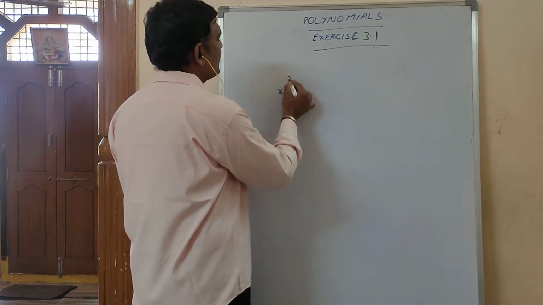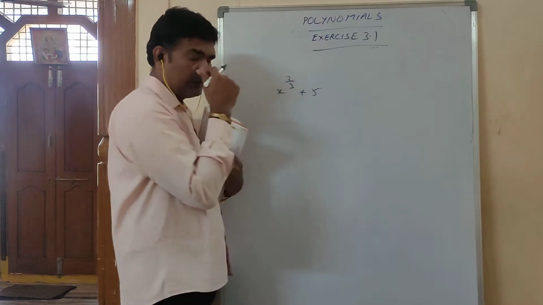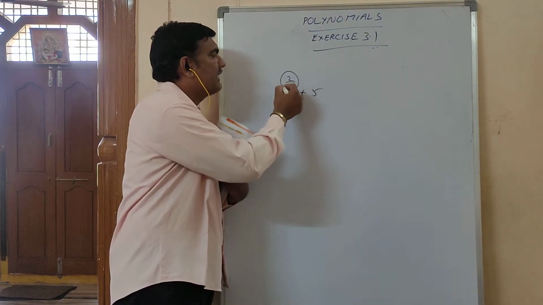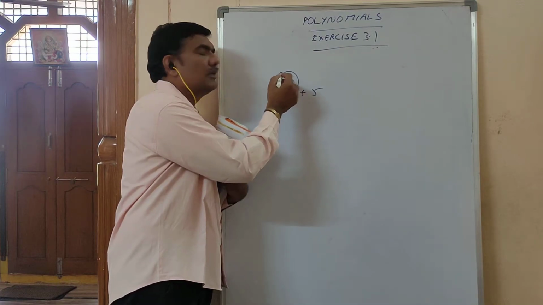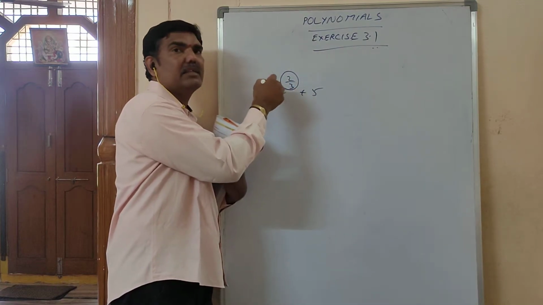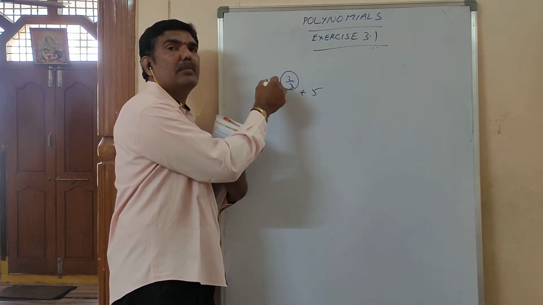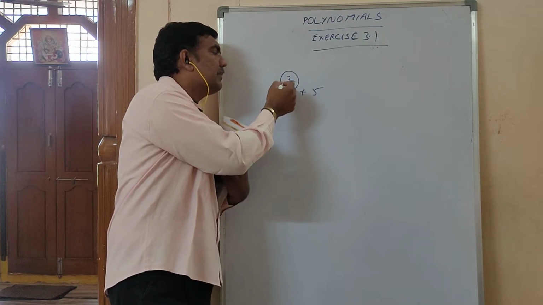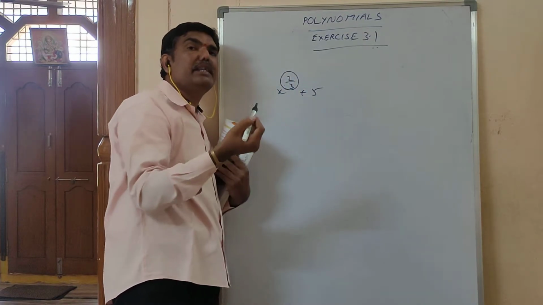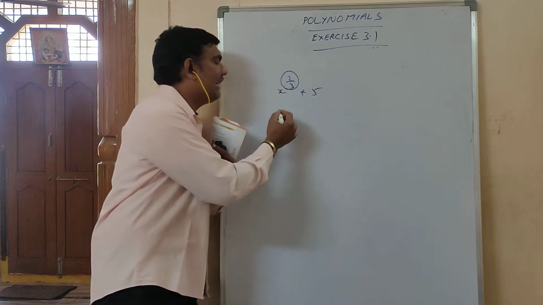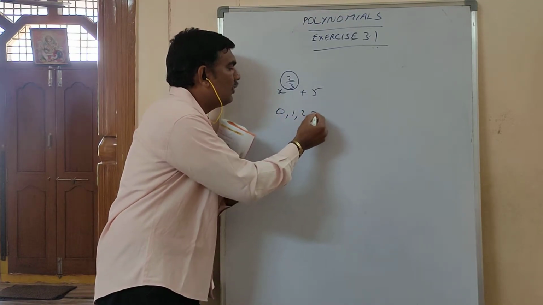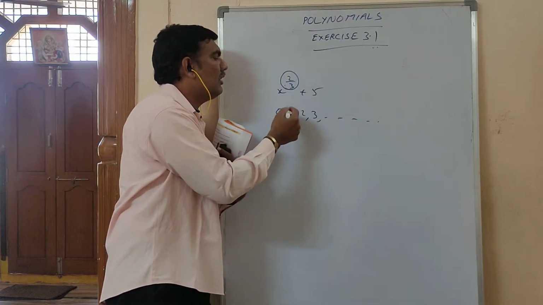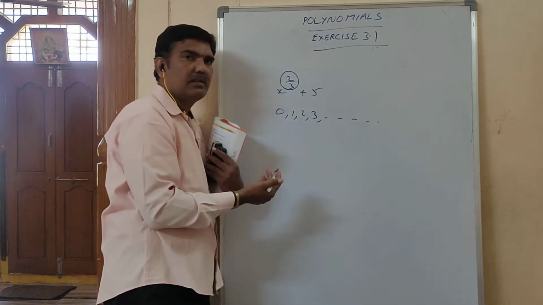Example: x power 2 by 3 plus 5. Is that power of x an integer? It is not an integer. It is a rational number, in p by q form. The power of x should be a non-negative integer, which means it should be 0, 1, 2, 3, etc. But here 2 by 3 is not a non-negative integer.